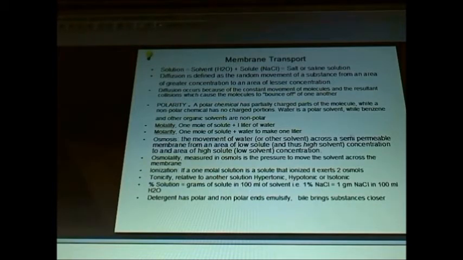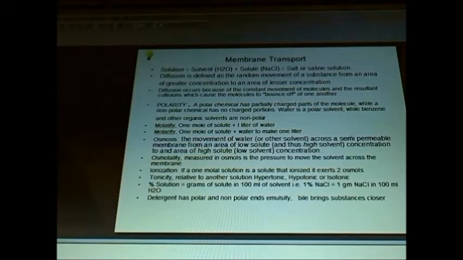So, if I have on one side of a membrane a 1 osmol sodium chloride solution, and on the other side of the membrane a 2 osmol sodium chloride solution, the water from the 1 osmol side is going to move across into the 2 osmol side until the concentration, or the ratio of solvent to solute, is the same on each side.